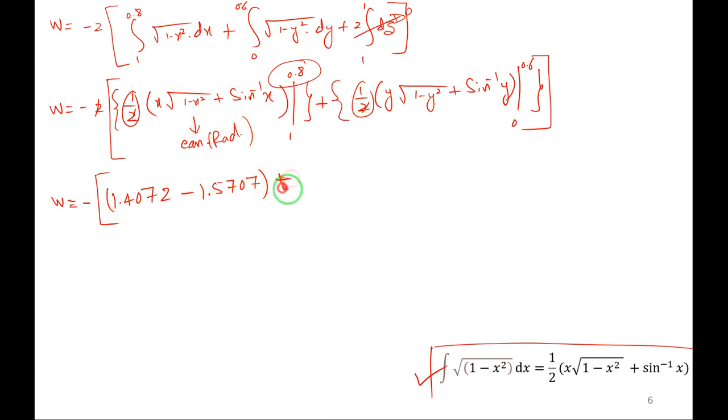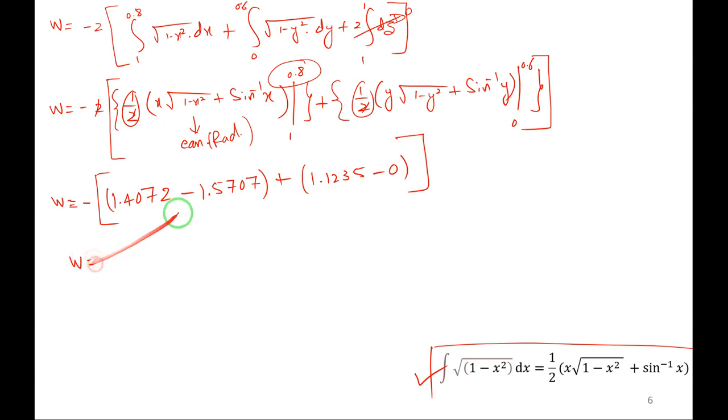Similarly plus the same equation, the upper limit is 0.6. Now I will substitute 0.6. So I am getting the upper limit as 1.1235, minus the lower limit, substitute 0, and it is 0.